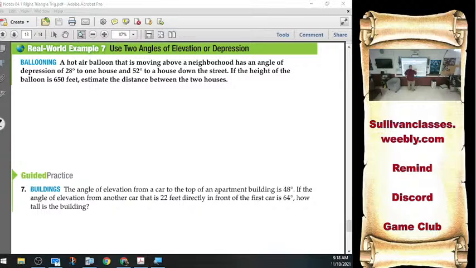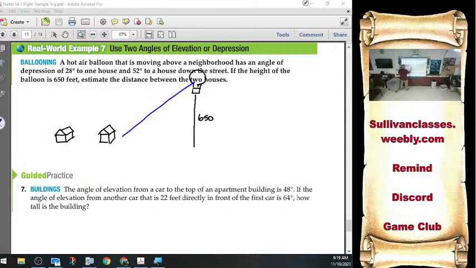If the height of the balloon is 650 feet, and we have 2 houses, it says you have an angle of depression of 28 to 1 and 52 to the other.